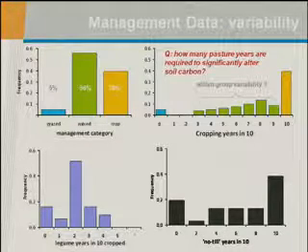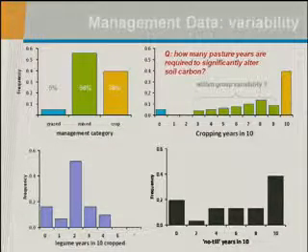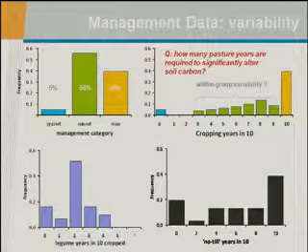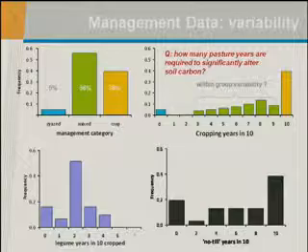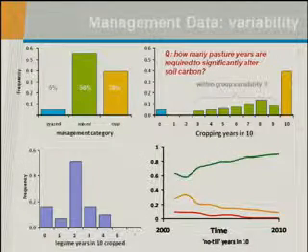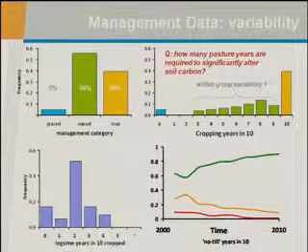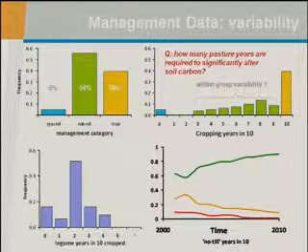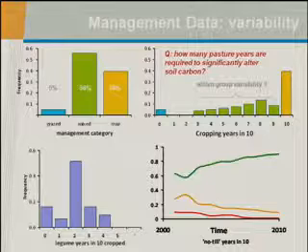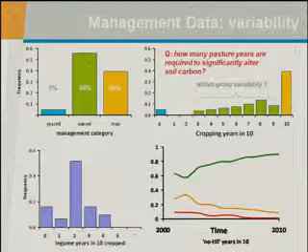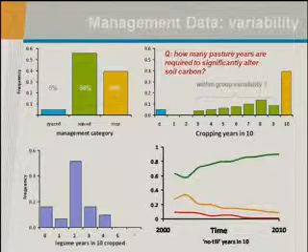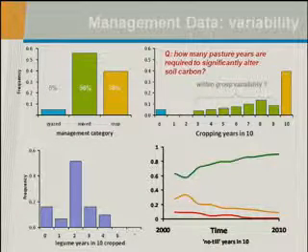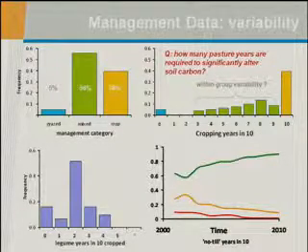And then we can define our questions, for example, how many pasture years are required to significantly alter soil carbon content. That final little schematic is a look at trends in tillage management over the last 10 years, and we can see the adoption of no-till and reduction in conventional till and minimal till across the region.